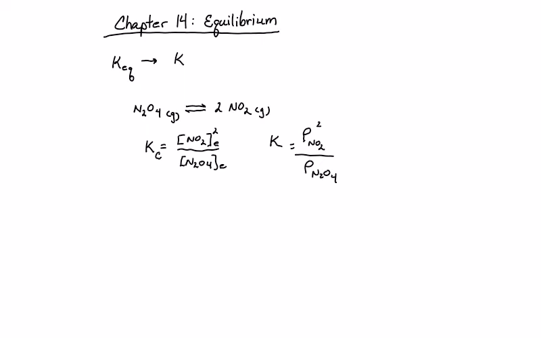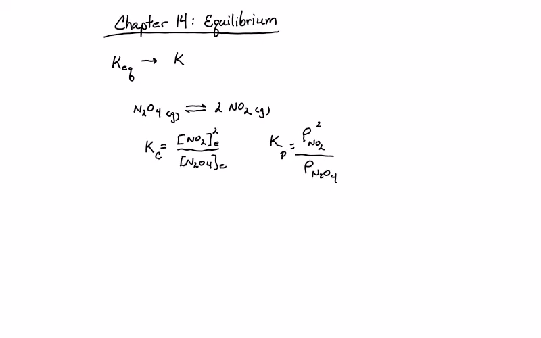Pressure is really analogous to concentration when you think about it. And when we're expressing the equilibrium constant in terms of pressure, we put a P there, and we call that the Kp. So these are going to actually be two different values, two different numbers for the equilibrium constant, based upon whether it's being reported in terms of calculations done with molarity or with partial pressures.